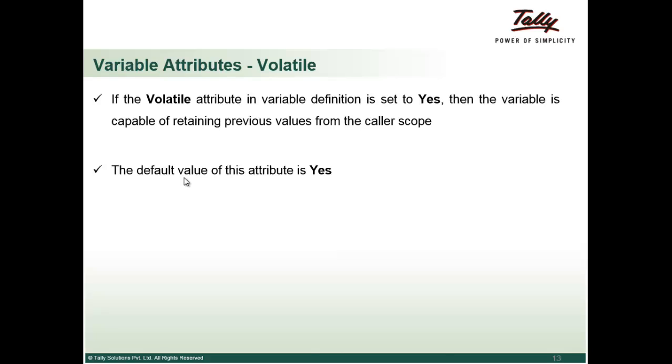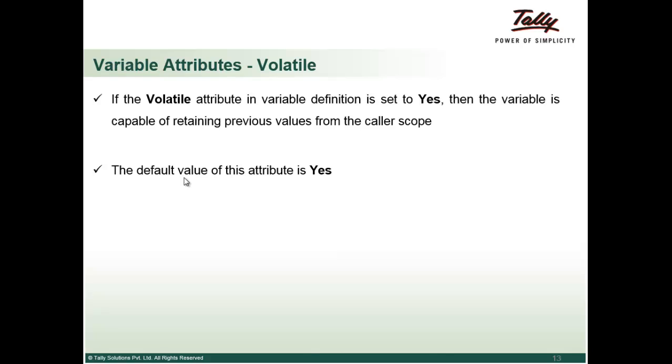In the R1 report, we changed the group name to current assets, so my group name now has the value current assets. In the R2 report, which was initiated from R1, I changed the value of my variable group name to sales accounts.